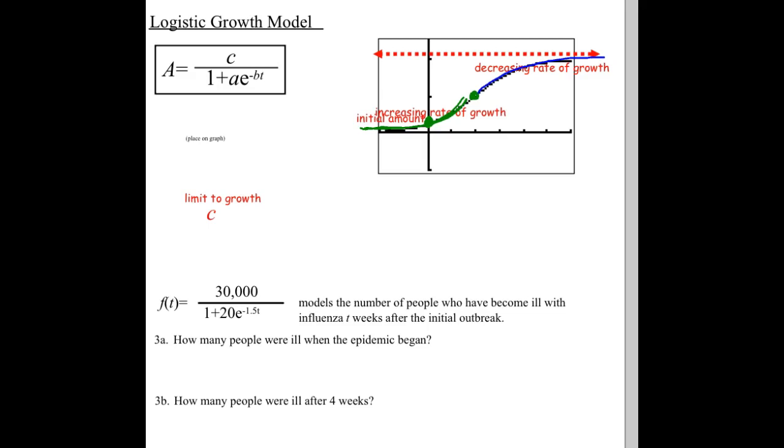Okay, so we call that the limit to growth, and that is the C value in our equation. Okay, so looking back at the basic formula I gave you at the beginning, that top number, that C value, is the maximum. It's the limit that that can sustain.